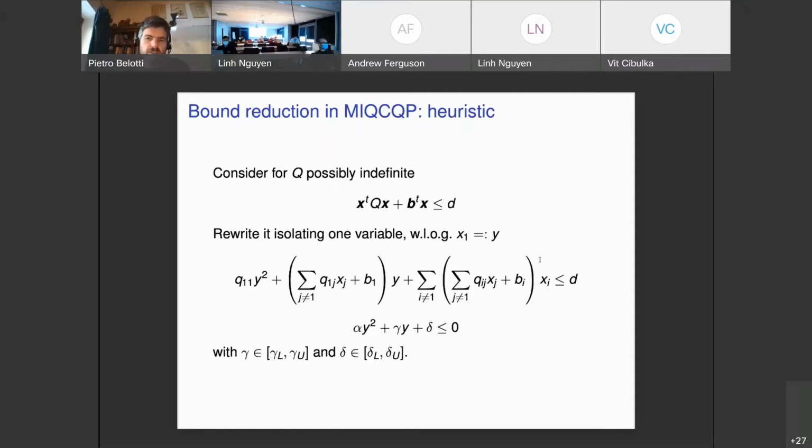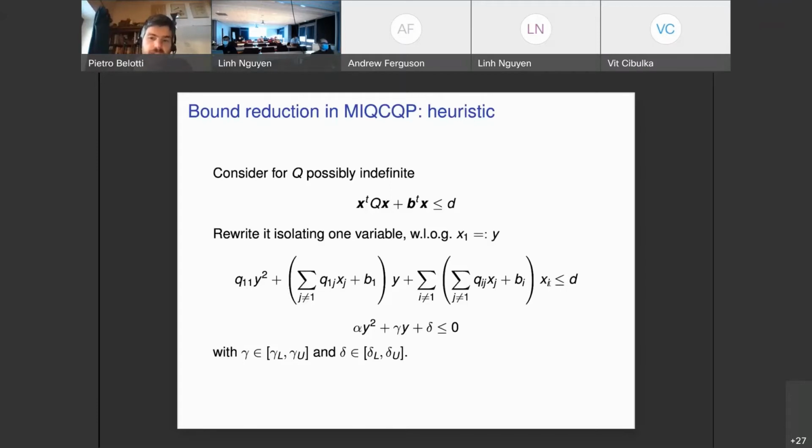This is not treated as a constant, obviously, because it's a function of all the x's, but it doesn't contain y, so I'm going to just take it as a pseudo constant value. So you basically have a rewriting of a quadratic constraint that is something like this. And obviously alpha is constant because it's equal to q11. Gamma is non-constant because it depends very much on the bounds on the x variables.